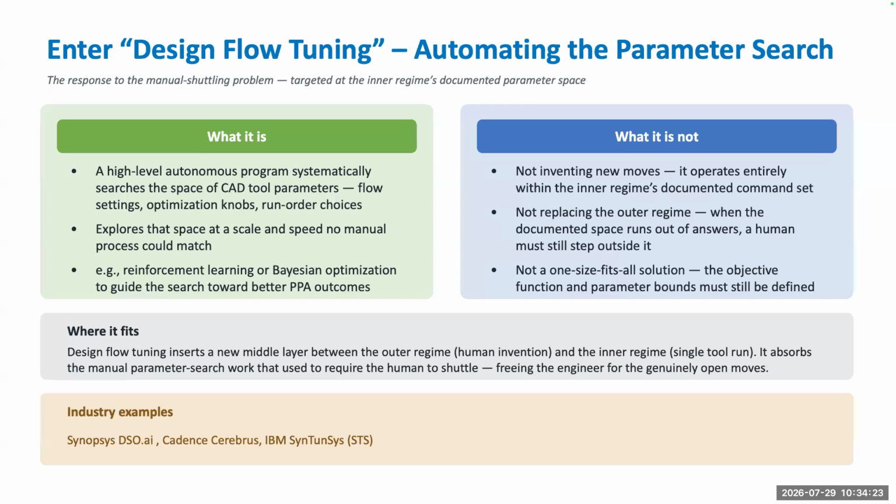This is sort of automating the types of things we may do as designers, but really, in my mind, it's tackling the low-hanging fruit to start. And really what it's tackling is these CAD tool parameters, which is again really a fixed space. And that is a reasonable place to start.